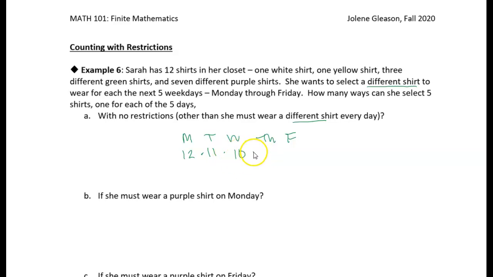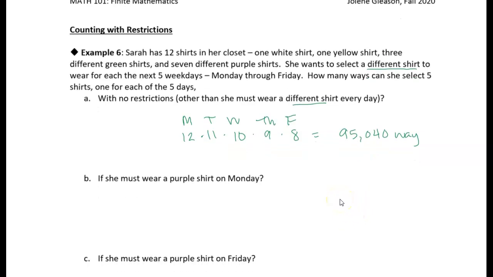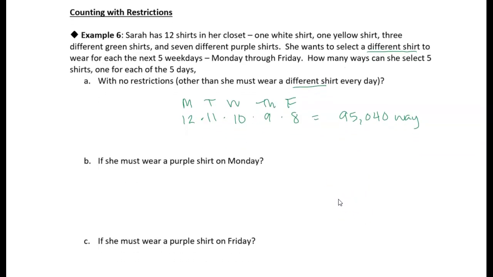On Thursday she's got one less, so 9, and then 8. We just multiply that all together, and I got 95,040 ways that she could choose her shirts with no restrictions other than it has to be a different shirt every day.